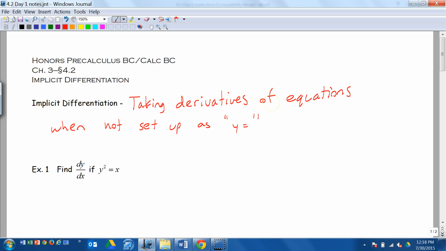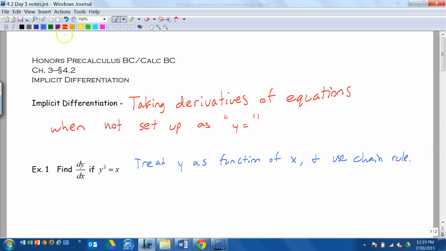Remember, when we take the derivative of y, we get dy/dx. So it's a variable that we have to take into consideration. When you do this type of problem, like number 1, we have to treat y as a function of x, and because of that, use the chain rule.